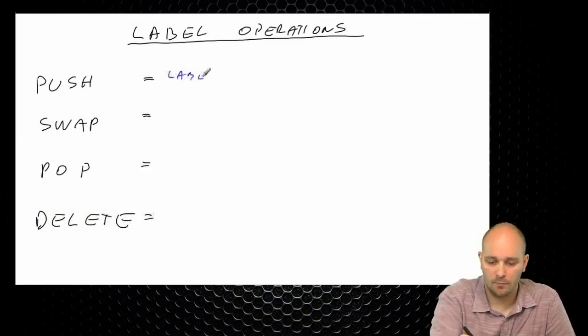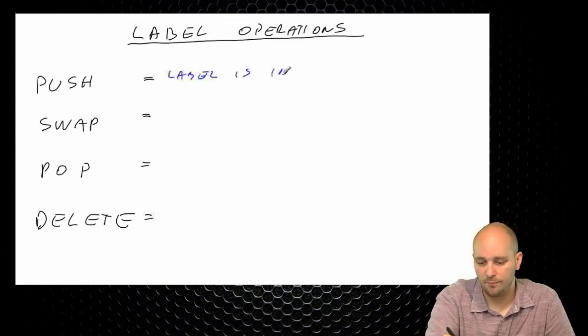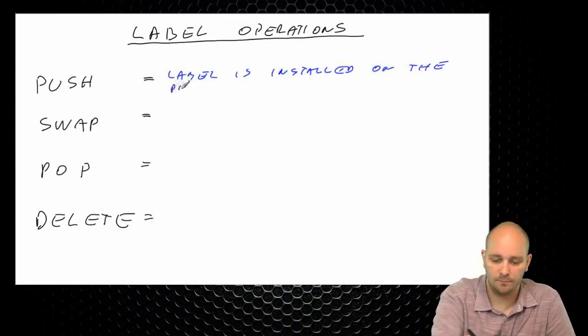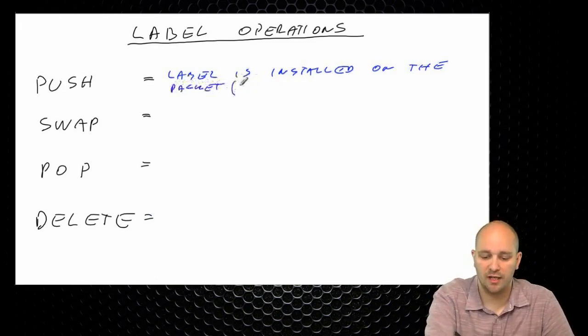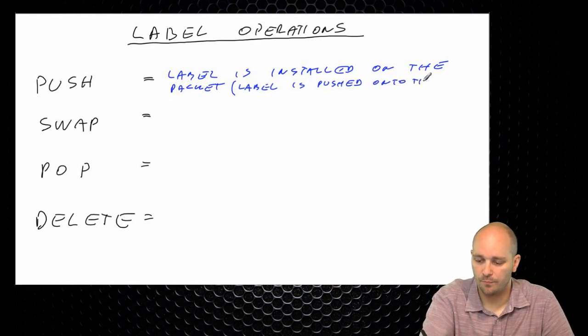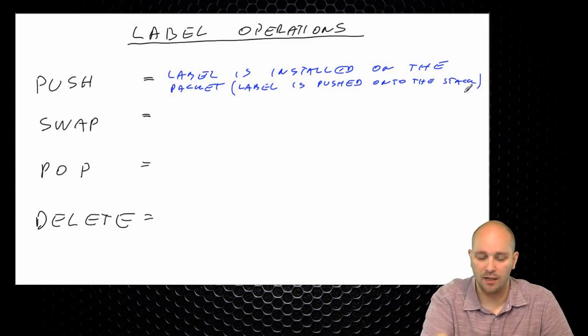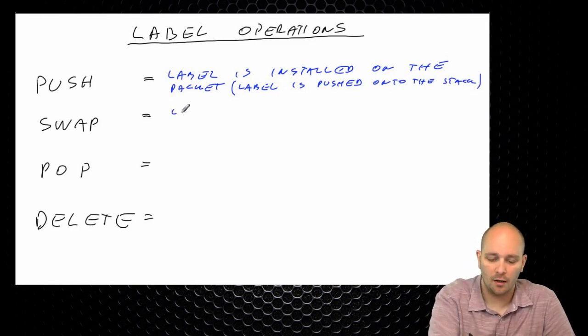Label is installed on the packet. Technically speaking, what this is called with the proper terminology is label is pushed onto the stack. And what this actually means will become a little bit clearer later on.